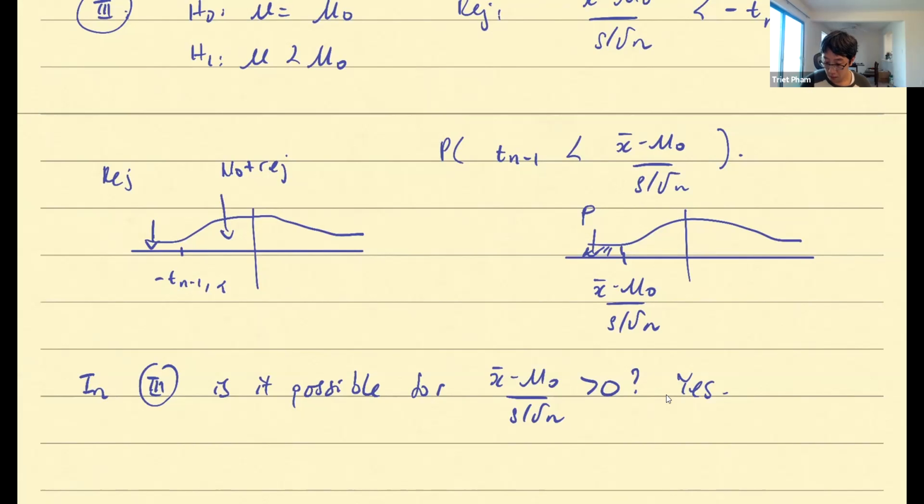The sample can be quite wacky, or you can pose the wrong hypothesis so that this is true. So do not get into the fixation that somehow this has to point in the right direction. That's the most reasonable direction they can go, but if this is positive, that's fine. What if this is positive? Then what do you do here?